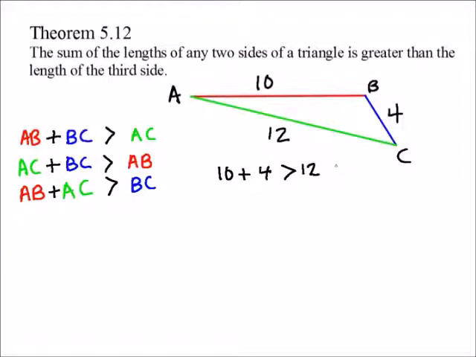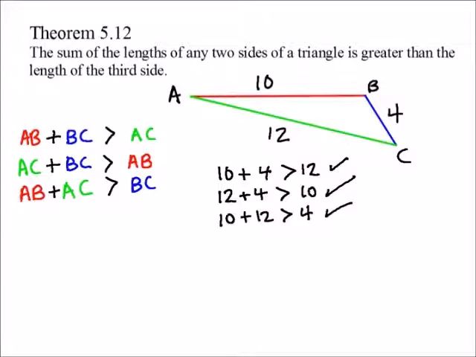Yeah, it's true. What about 12 plus 4? Is that greater than 10? Yeah, that's true. What about 10 plus 12? Is that greater than 4? Yeah, very much so. So in this theorem, any 2 sides that you add up have to be greater than the third side.